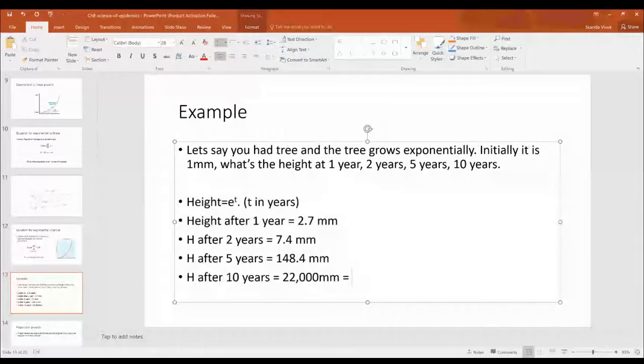So 22,000 divided by 1,000 is 22 meters. That's reasonable, right? After 10 years, it's as tall as a building.